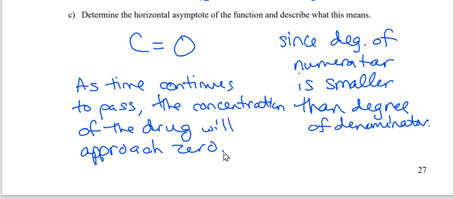As time passes, the drug wears off because it gets absorbed by the body. It gets absorbed by the liver and the kidneys, which filter stuff out, right? So that is the interpretation of what is happening and why this approaches a horizontal asymptote.